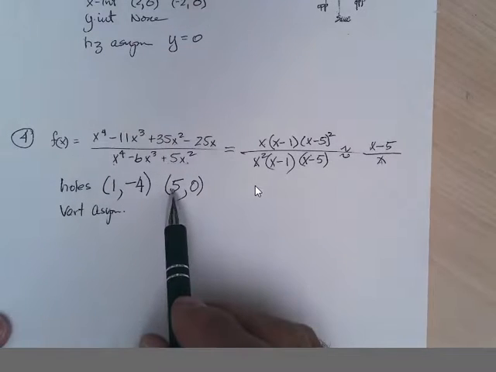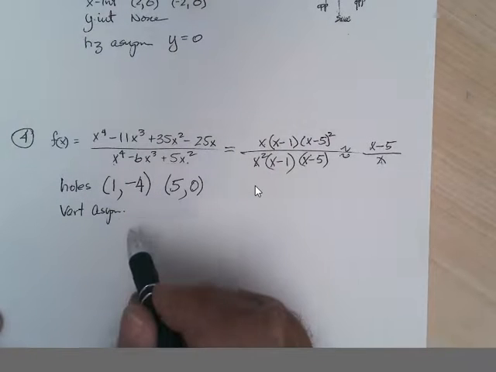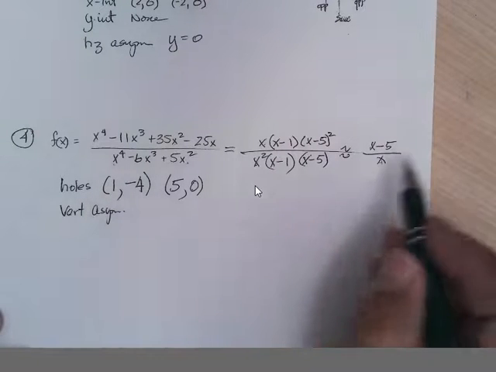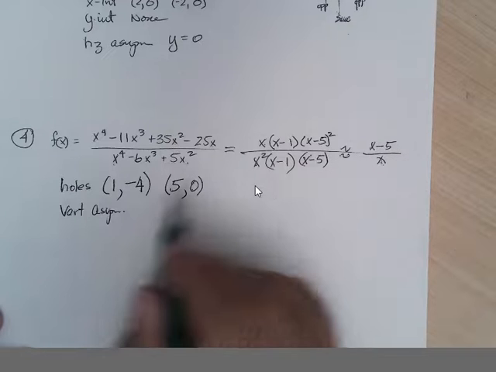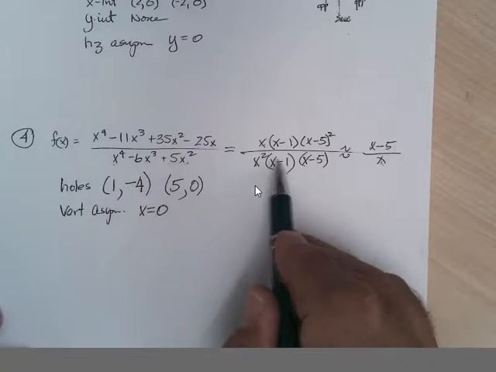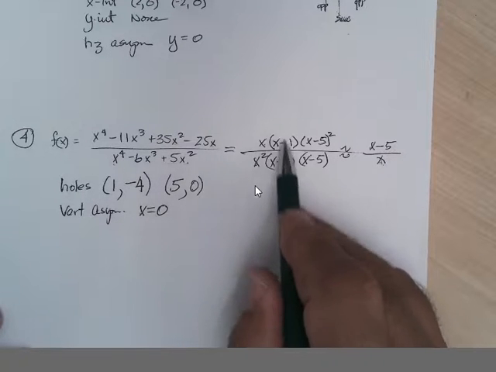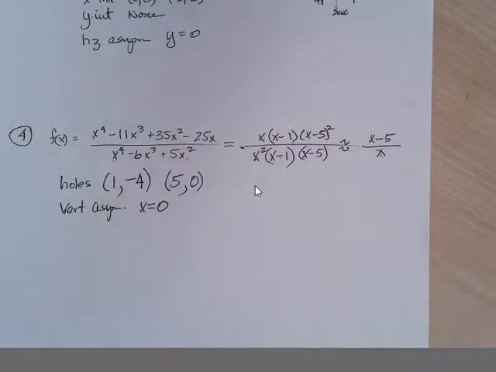So there's a hole at 5, 0. Okay? Vertical asymptotes. We have a 1 at 0, x equals 0, and that's a hole, and this one doesn't have what, so looks like that's the only vertical asymptote.